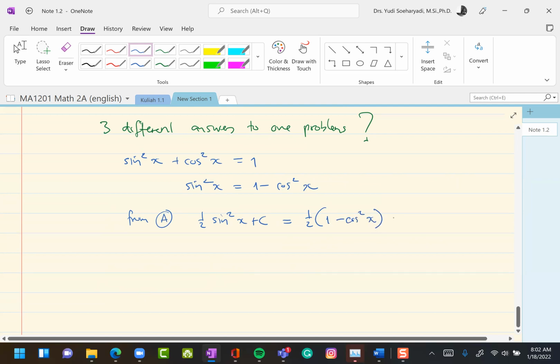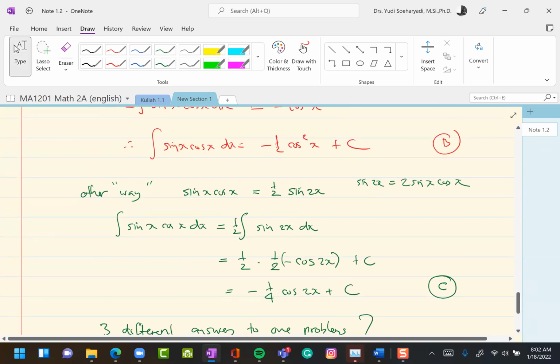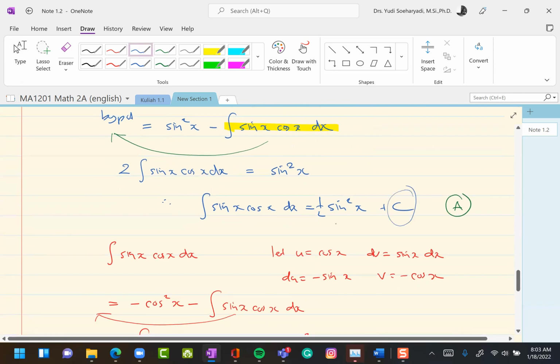So you see this is negative 1/2 cosine square plus c, plus 1/2. Don't be fooled by this letter C, the constant. The constant appears here, this one, and the first one.